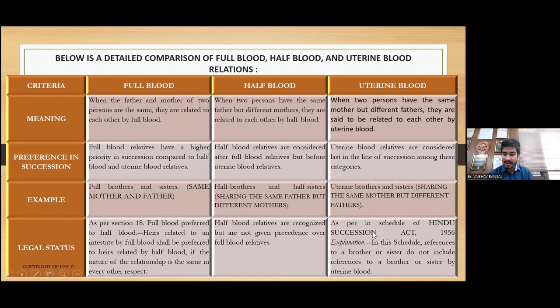This explanation is given in the schedule of the Hindu Succession Act 1956: in this schedule, references to a brother or sister do not include references to a brother or sister by uterine blood. So the references given in the schedule of the Hindu Succession Act do not include uterine blood relation.